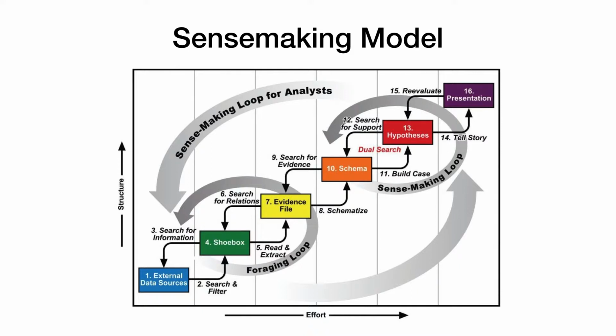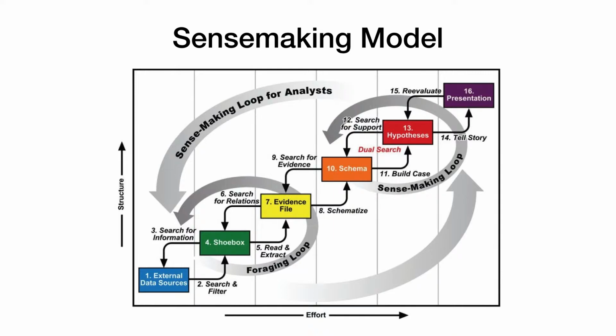The actions involved in this step are mostly about search and filter. This is like conducting a Google search and finding what is relevant. After that, you put all the information you found relevant in the so-called shoebox, which is the next box further up and to the right.